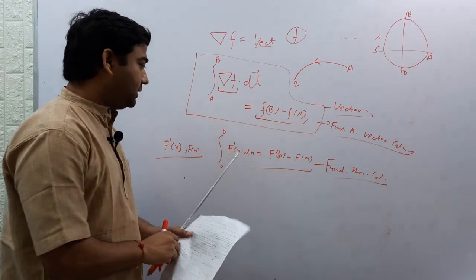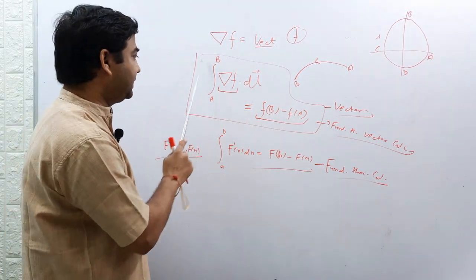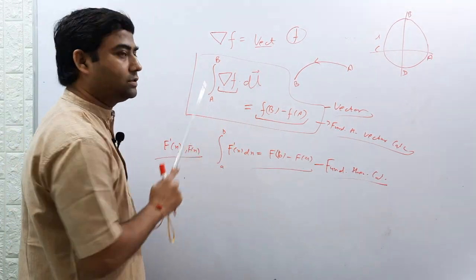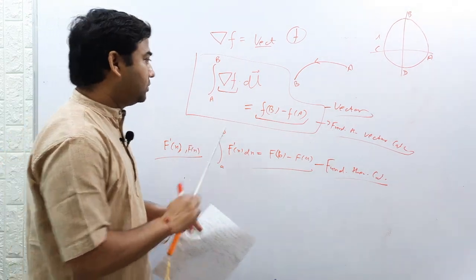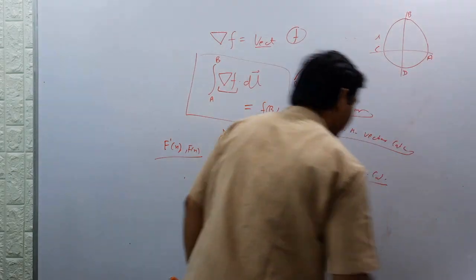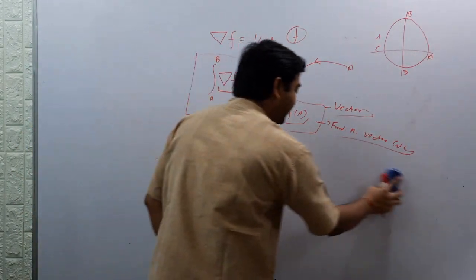This is the fundamental theorem of calculus for normal functions, and this is the fundamental theorem of vector calculus for field functions. So what important inference do we find from the fundamental theorem of vector calculus?